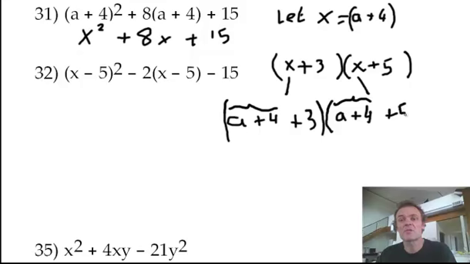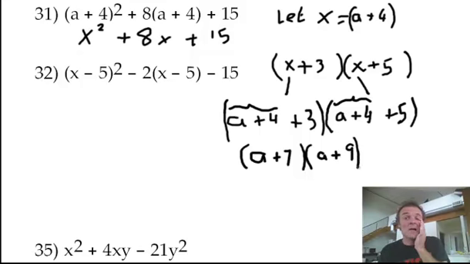So that plus 3 and that plus 5 in the two parentheses are still there. I've just put the a plus 4 back. So the answer is a plus 7, because that's what 4 and 3 is, and then a plus 9, because that's what 4 and 5 is. And that's how you do those.